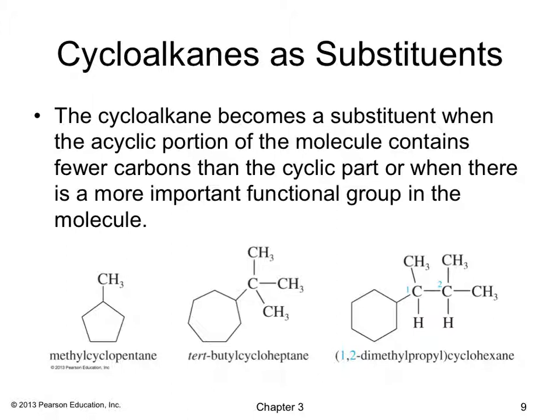But if we look, an important thing to note is this is tert-butylcycloheptane. Here is cyclohexane, but it's 1,2-dimethylpropyl. So again, numbering starts from the left, from where the substituent is being joined to the main chain. So it's 1, 2, 3, and then you would add 1,2-dimethylpropyl.